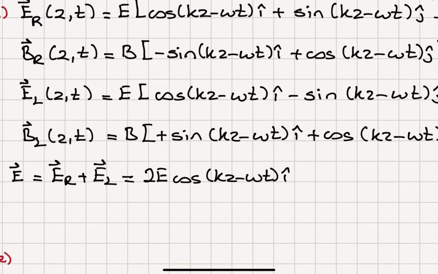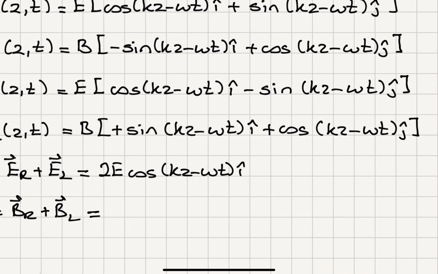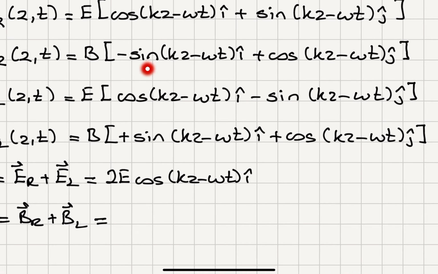And for the sum magnetic field, I'm adding the right circularly polarized magnetic field component with the left circularly polarized magnetic field component. One has a minus sine kz minus omega t, the other one plus sine. The signs will cancel.